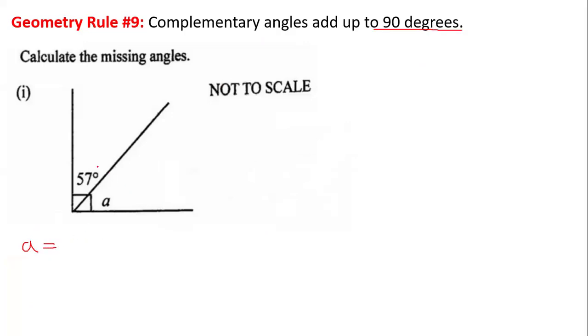So what if this is 57, right? What is A going to be equal to? No, you have to subtract it. 90 degrees minus what? 57. Very good. 90 degrees minus 57 degrees. And so we do 90 minus 57.